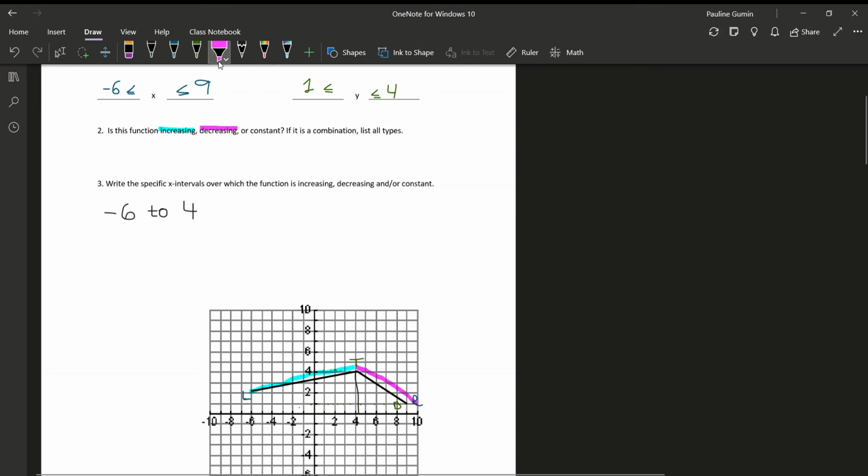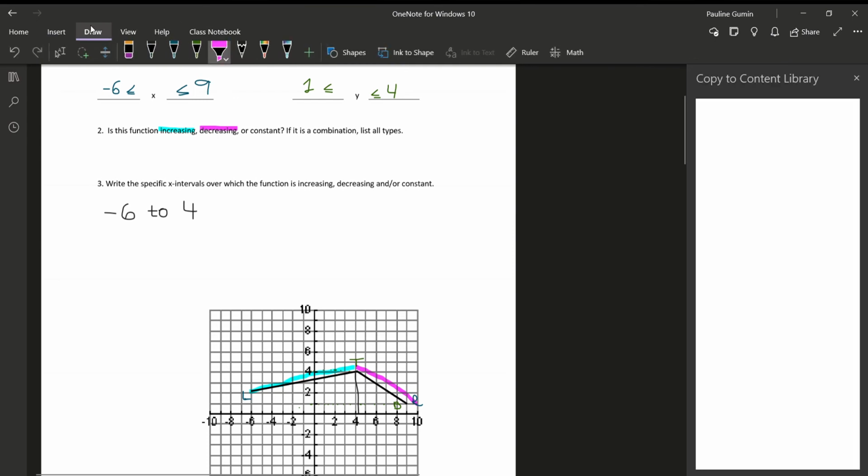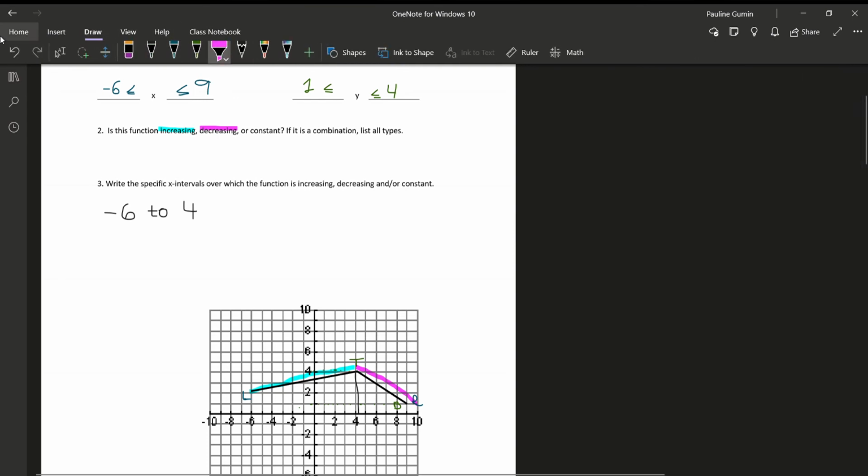That was our increasing interval. And then it goes from 4 all the way to 9. That's where it's decreasing. Let's write that down. 4 to 9.